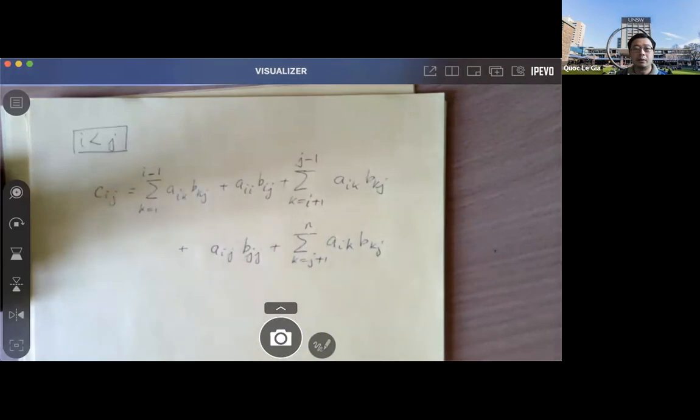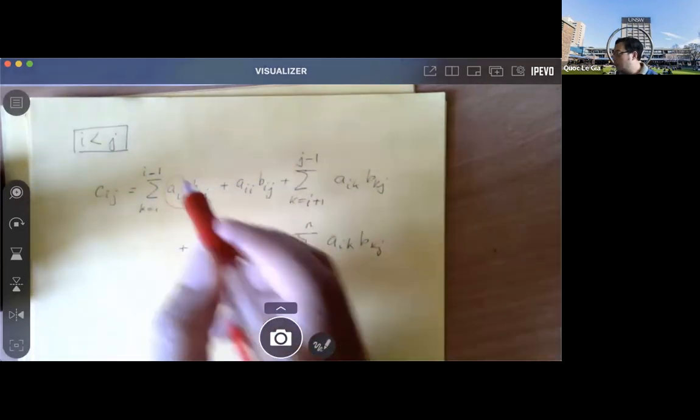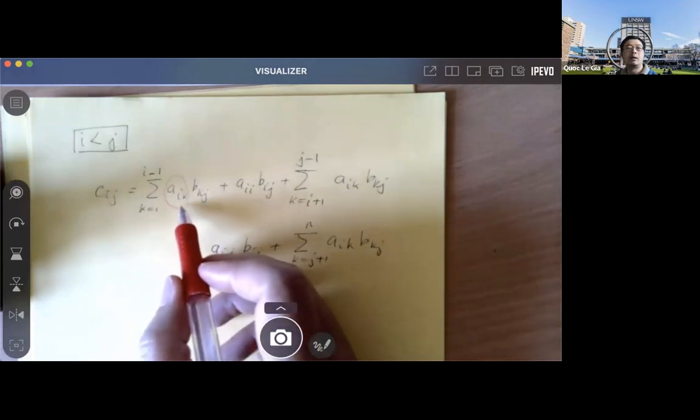Okay, so you split it into 5 terms. Now we consider this term. You see a_ik, right? The row is i and the column is less than i, so row bigger than column again.